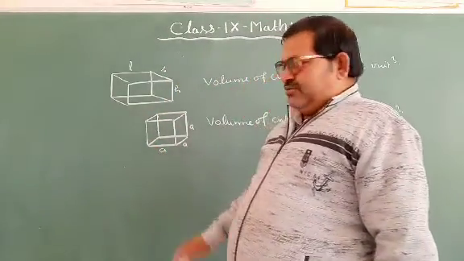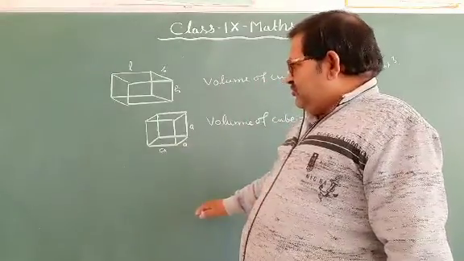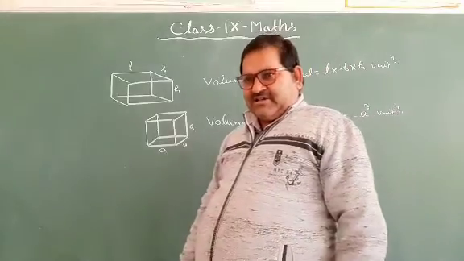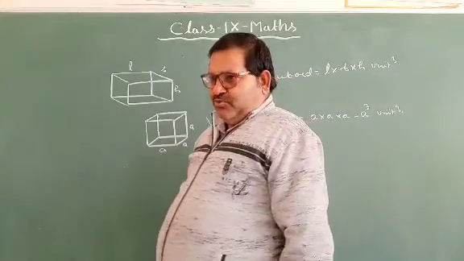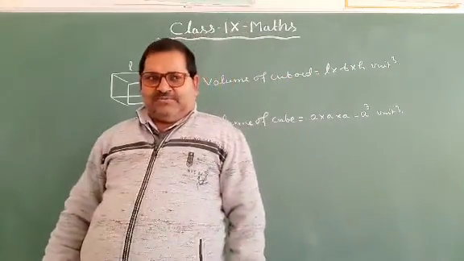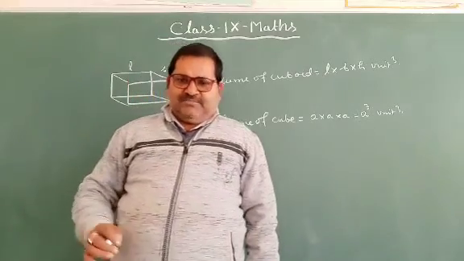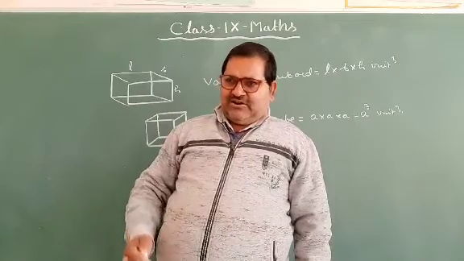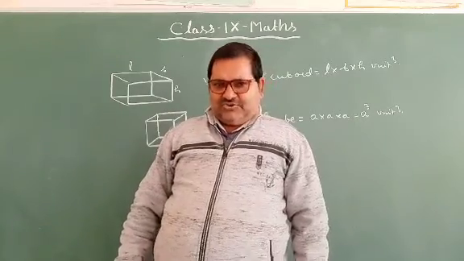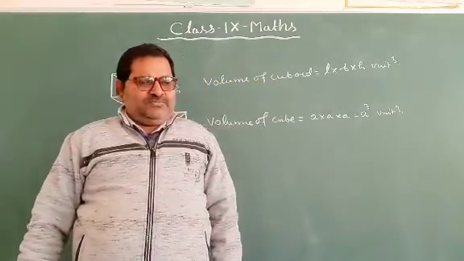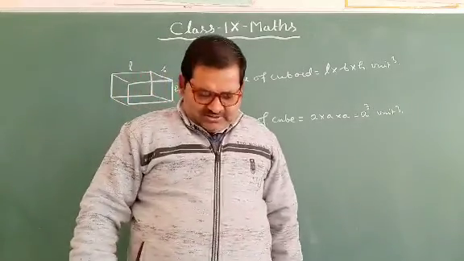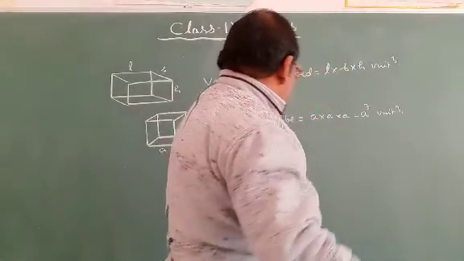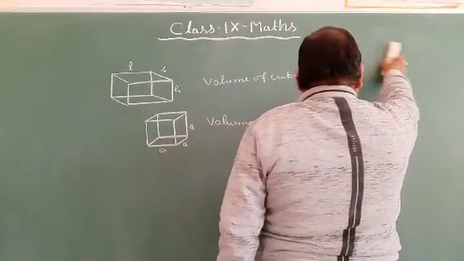The board is two-dimensional, so we draw the figure in this way. For example, the classroom is an example of a cuboid, and the dice of Ludo is an example of a cube. Clear? Now the exercise is related to the volume of cuboid and volume of cube.